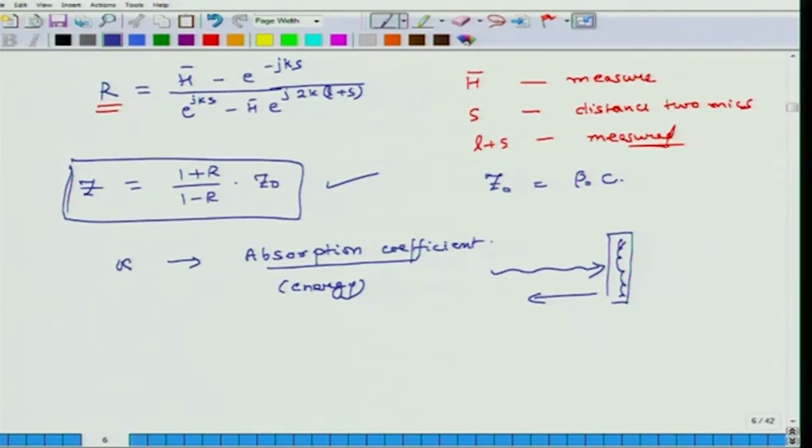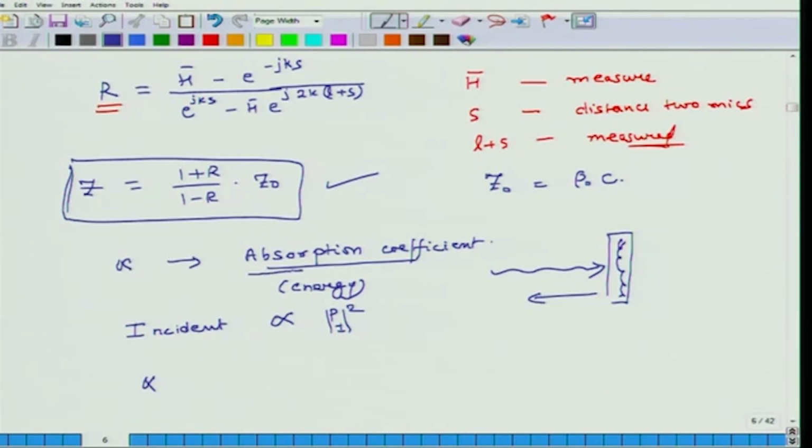Okay, it's not related to amplitude. So my incident energy is directly proportional to amplitude of the wave, right? Not, but it's a square. The incident energy is directly proportional to the incident pressure wave amplitude square. Same thing is true for reflected energy. So absorbed energy will be what?